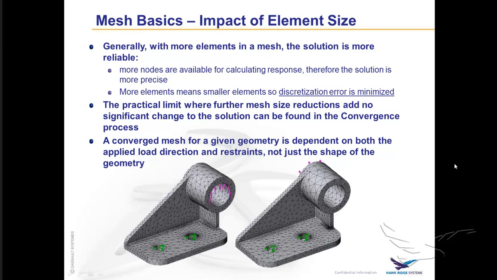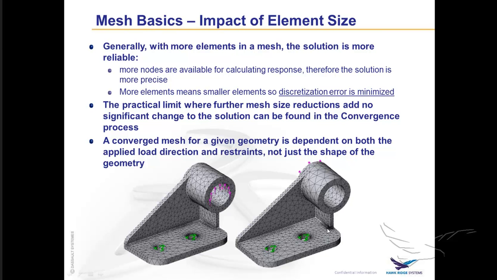And it's important to also note that the converged mesh for a given geometry is dependent on the load direction and the restraint, not just the shape. So the initial mesh between two parts with different loading might be the same, but in this example here, you can see that we have one load going in one direction, sort of into the page, another load going in the positive Y direction vertically.